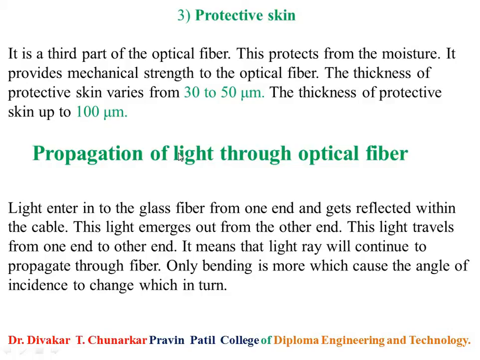Entering light must have an angle of incidence theta I greater than the critical angle theta c. So theta c is the critical angle and theta I is the angle of incidence. These are the two conditions of total internal reflection or propagation of light through the optical fiber.